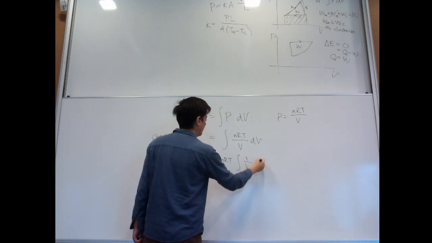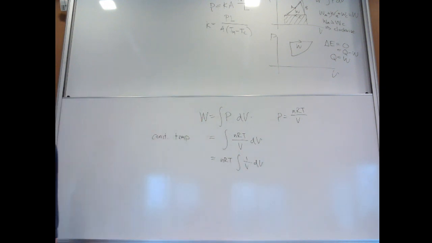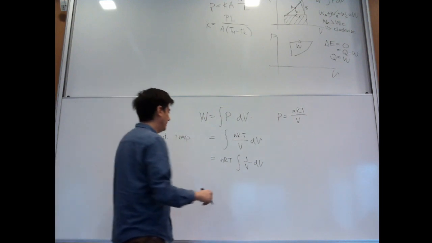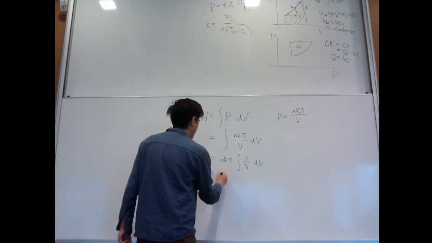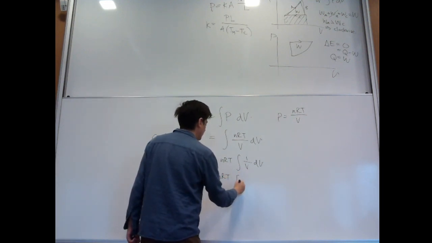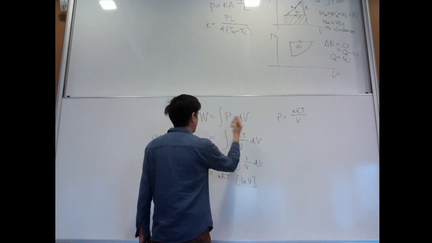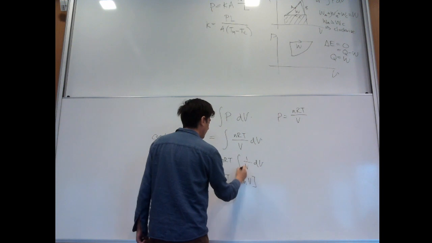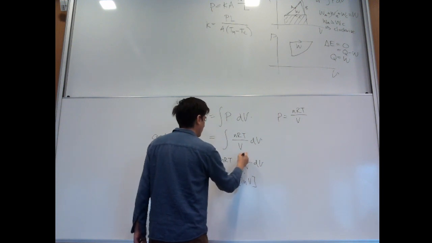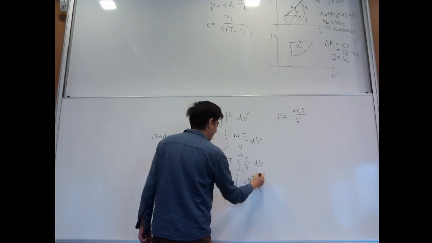We just have to integrate 1 over V, and the integral of 1 over V is log V, and we're going to integrate from some initial volume to some final volume.